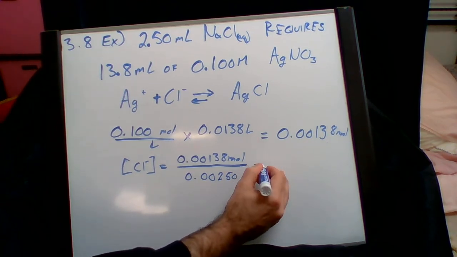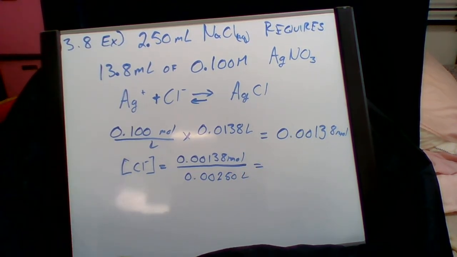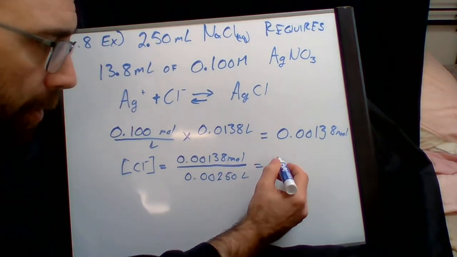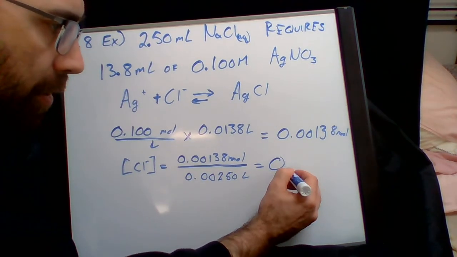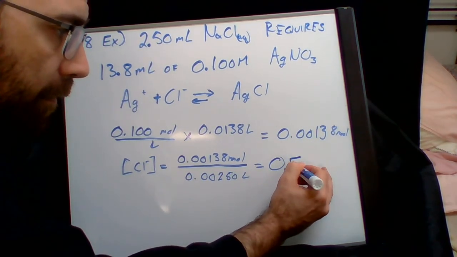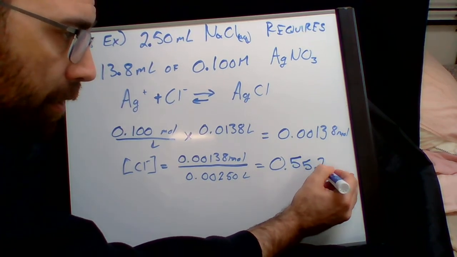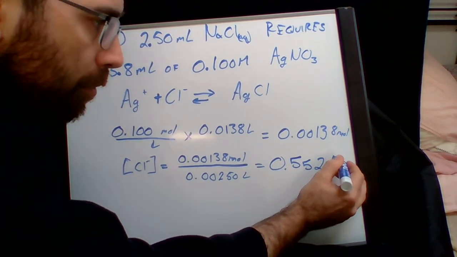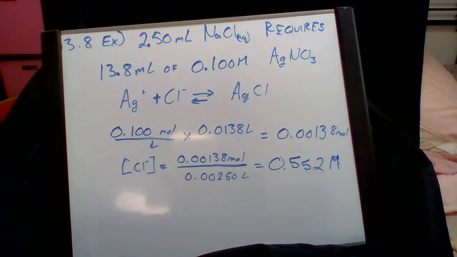Okay, and that gives us our concentration of chlorine in our saltwater sample of 0.552 molar. Like I said, we're not using all the same calculations as we did from those previous KSPs, but we're just using those ideas to get through this.